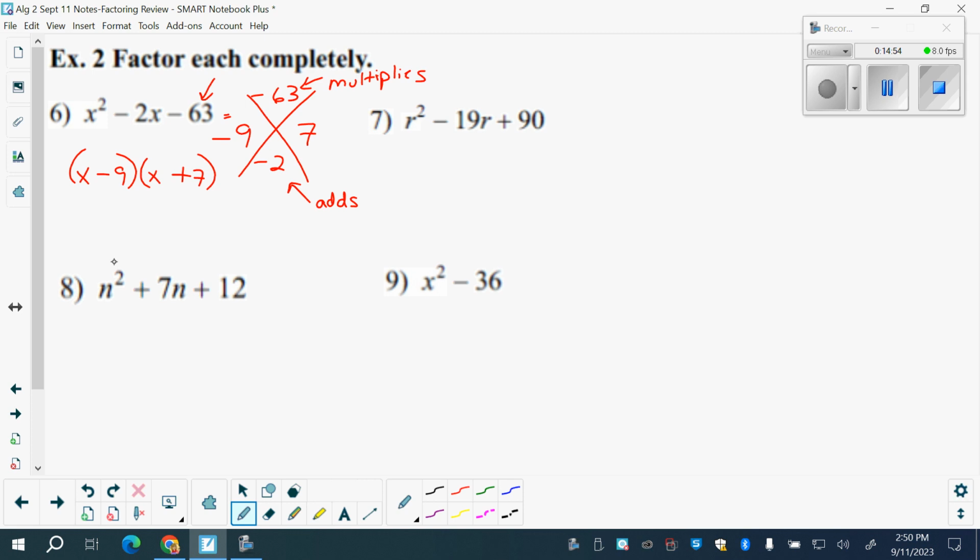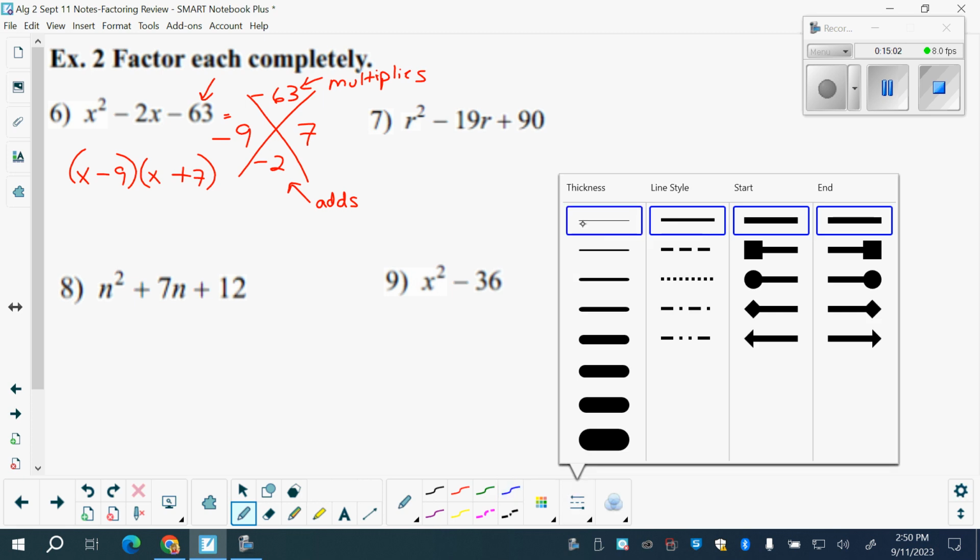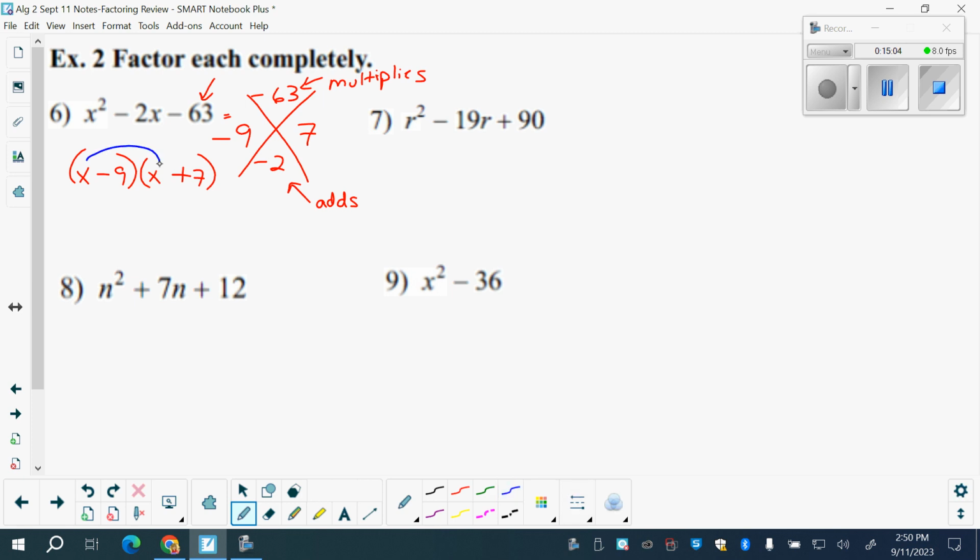So what I'm going to do on this one, and this one only, is go back and multiply it out. I'm going to do it in a different color because I'm going to erase it after. So if we did our claw, x times x is x squared. X times 7, 7x. Negative 9 times x, negative 9x. And negative 9 times 7 is negative 63.